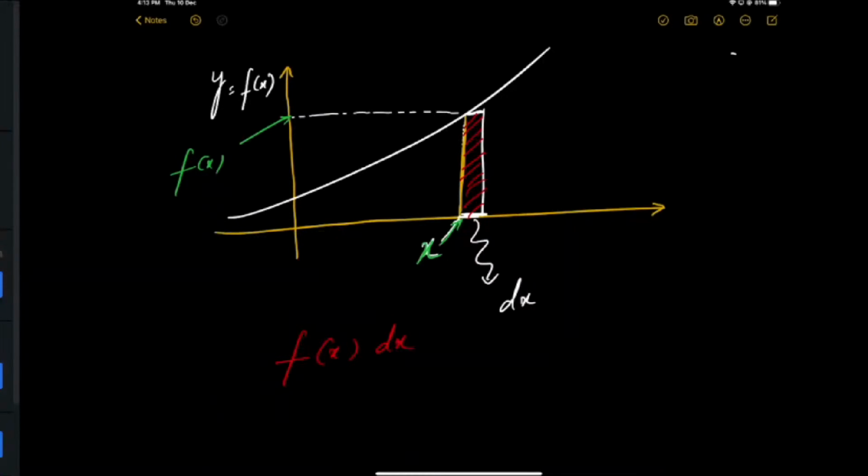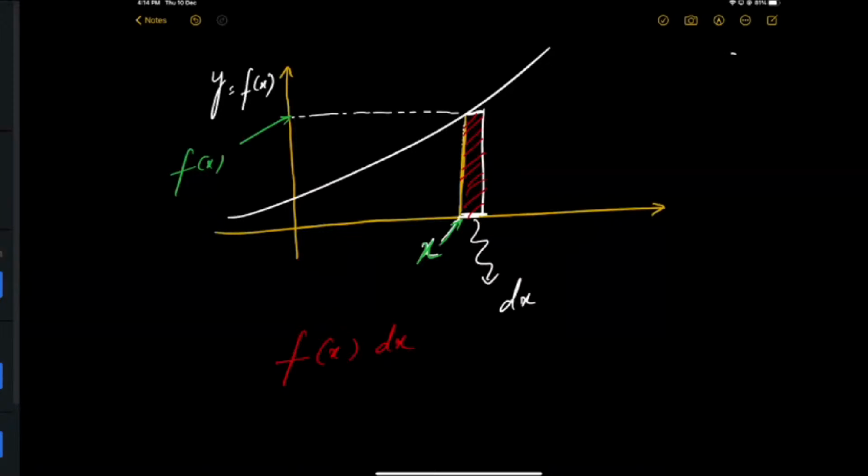It will almost be like a straight line, you'll have a very small, negligible width, a very thin rectangle. Area of this rectangle. Now you put this symbol beside this f of x dx, which is actually a stretched s. It looks like s, but it is stretched a little bit.